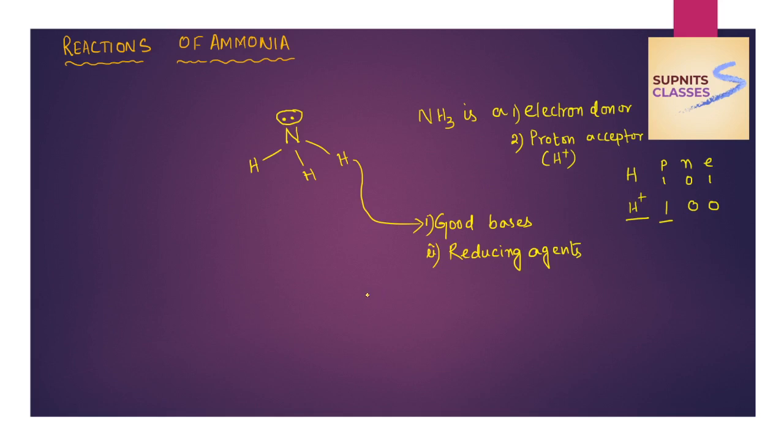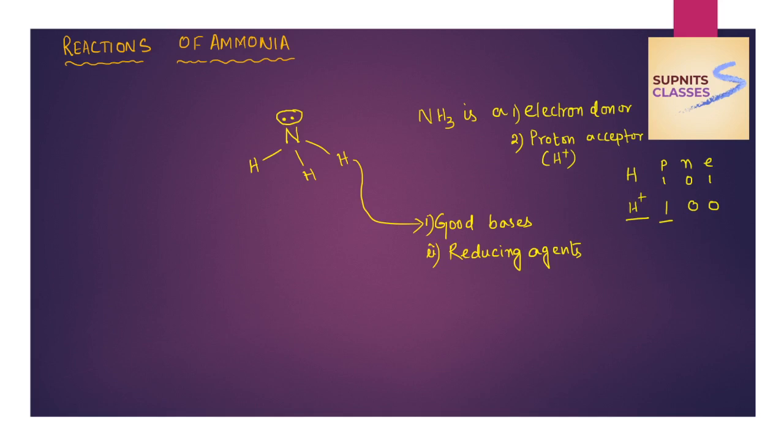So ammonia is a good base, number one, and number two, ammonia is a reducing agent. If somebody asks you why ammonia is a good reducing agent, your answer should be it has a lone pair of electron which it can donate, and hence being a very good electron donor, it is a good reducing agent.